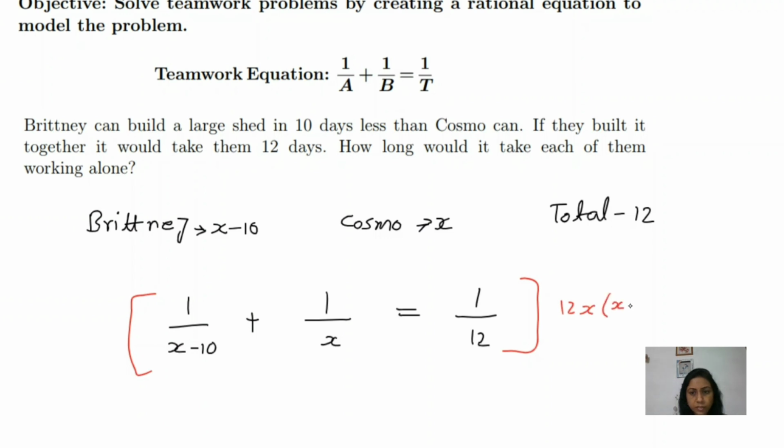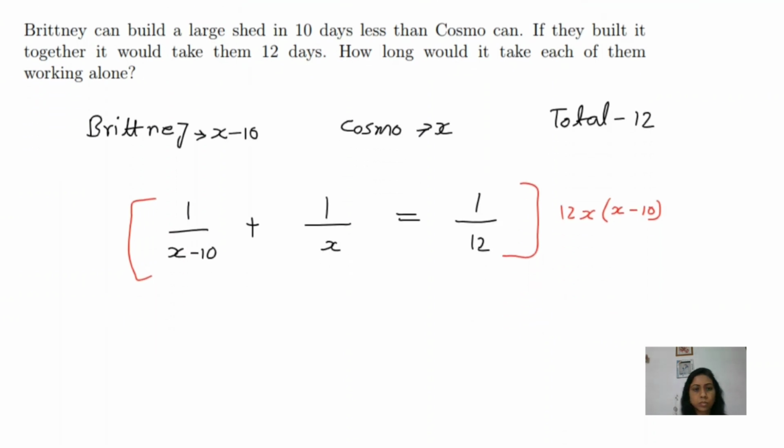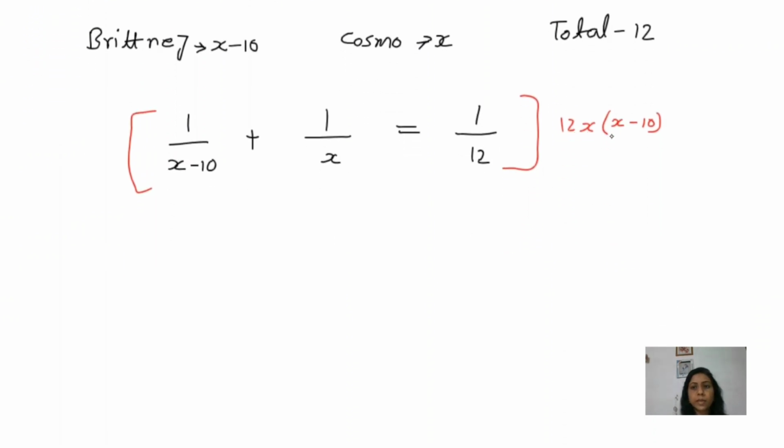and x minus 10. We want to remove these denominators, so we multiply the whole equation by 12x times x minus 10. Multiplying the first term, x minus 10 cancels, just left 12x, and 12x times 1 is 12x. For the second term, 1 upon x, x cancels, we get 12 times x minus 10.